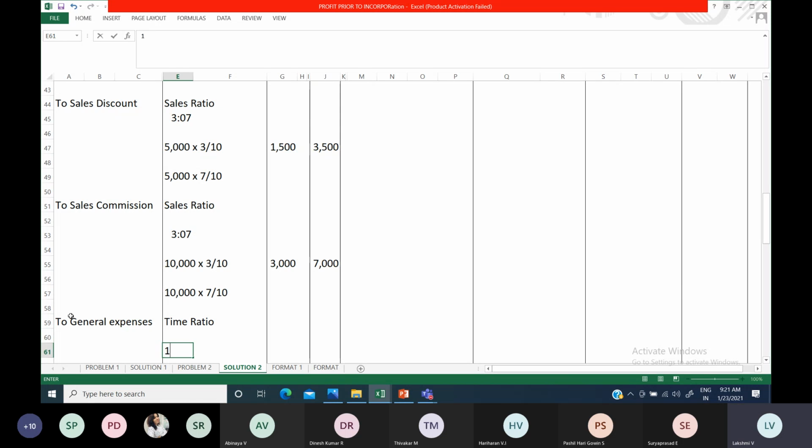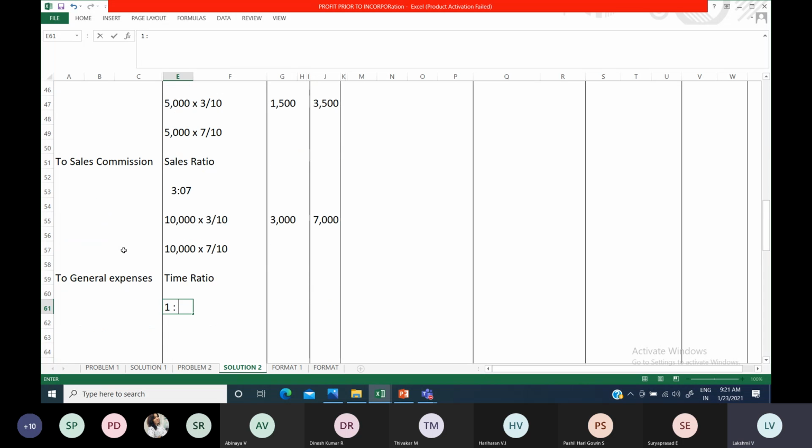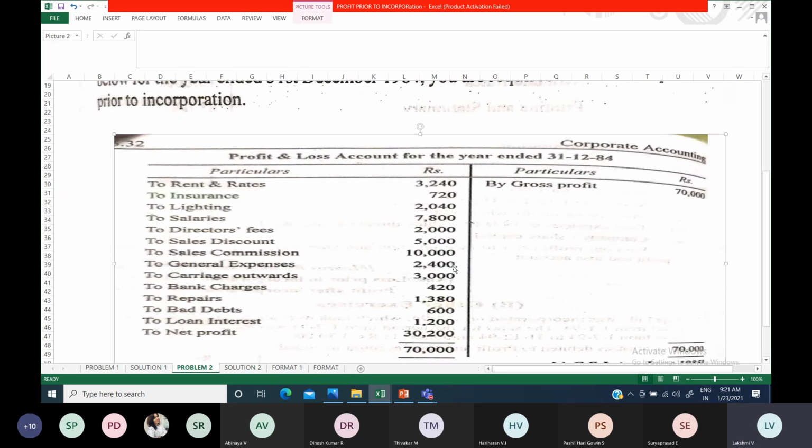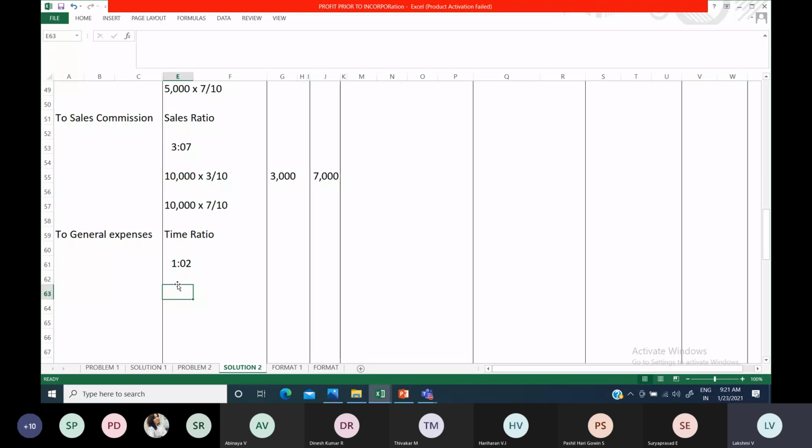So your ratio is 1:2 time ratio. So the amount for general expenses is 2,400. So 2,400 into 1 by 1 plus 2 is 3.